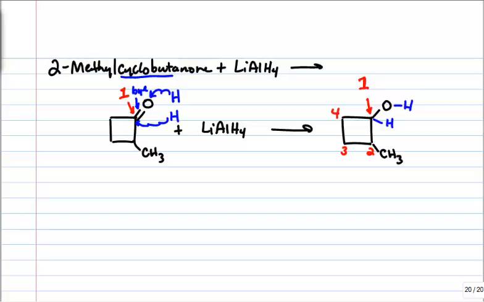So, ladies and gentlemen, this is 2-methylcyclobutanol. You may say, well, I thought we had to put a number to tell where the OH group was. And I would say if it's not cyclic, you'd be correct. But this is a cyclic alcohol. You don't need the 1.